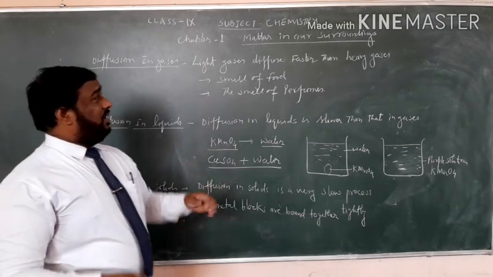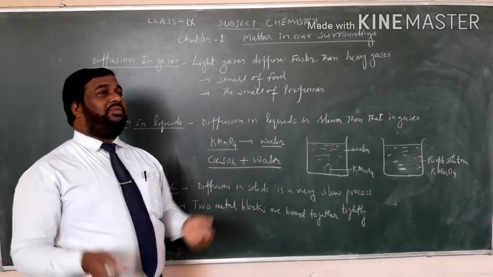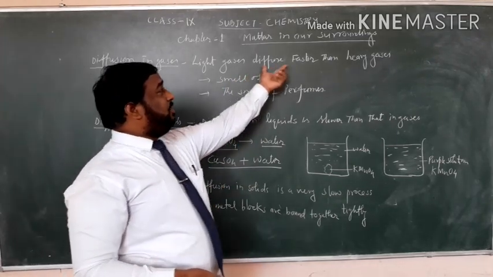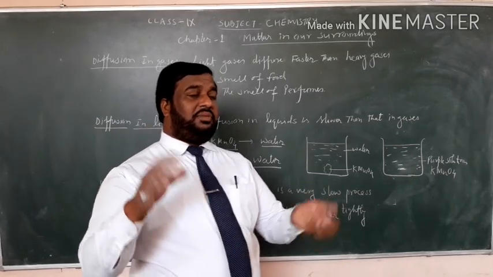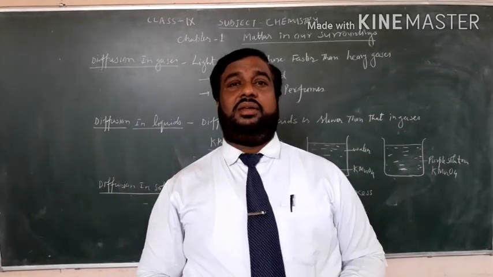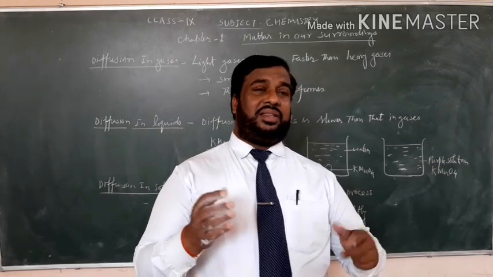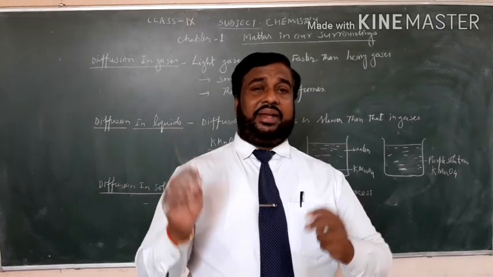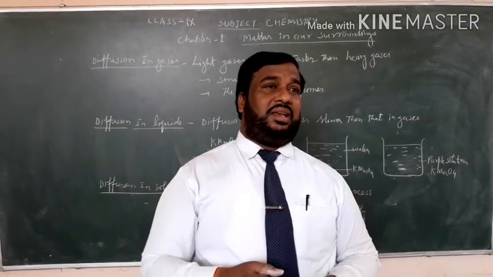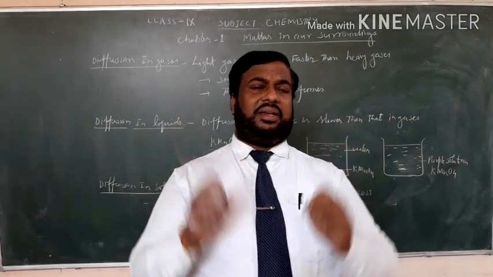So light gases, meaning gases light in weight, diffuse faster than heavy gases. Suppose we have taken two gases, one a light gas like hydrogen and one a heavy gas. The light gas diffuses fast due to the high kinetic energy of its molecules or particles.